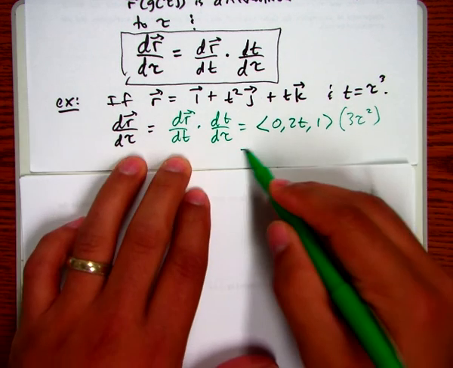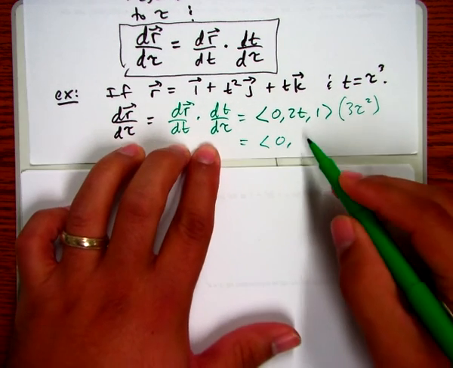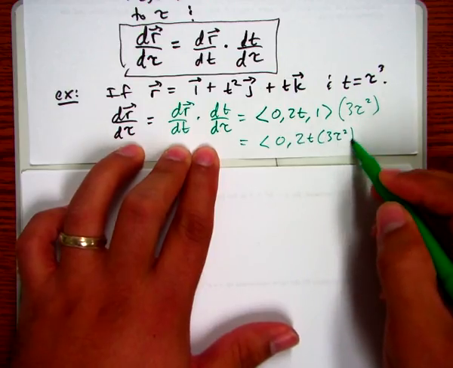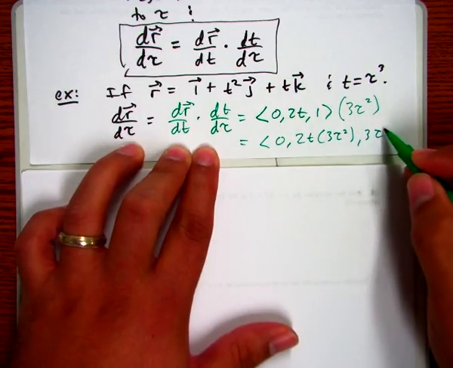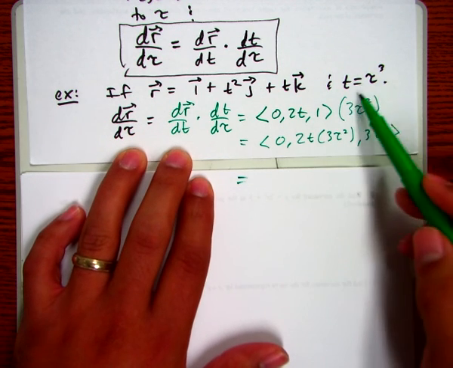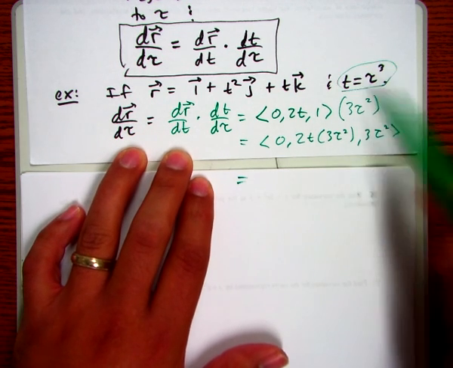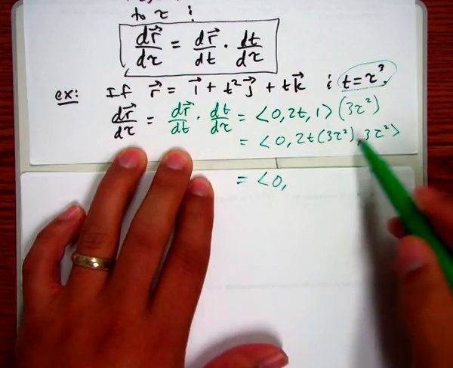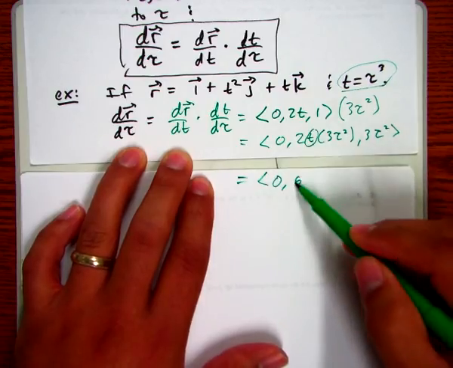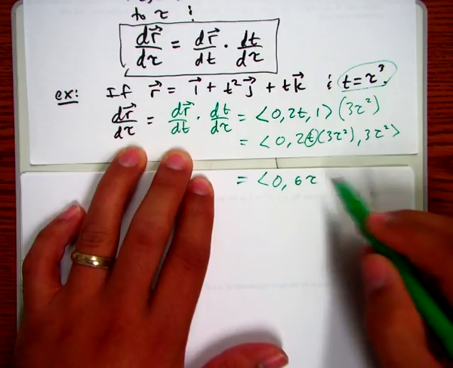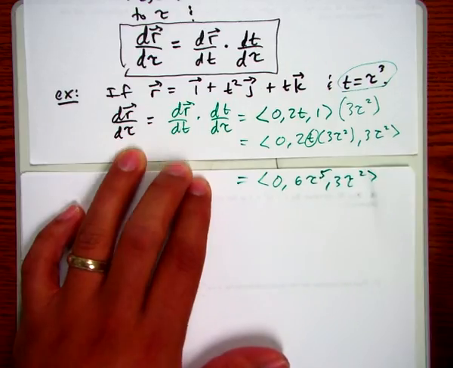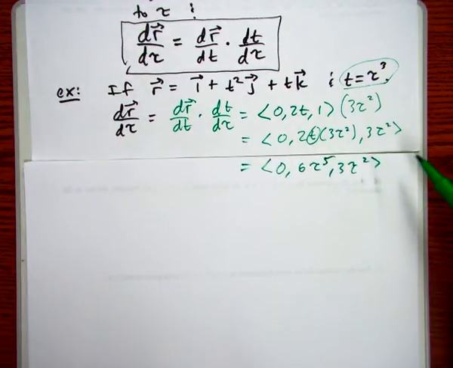So then we get 0, 2t times 3 tau squared, 3 tau squared. And the final step, since we know t is exactly tau cubed, you can replace t with tau cubed, so it'll be 2 times 3, which is 6, and then tau to the 5th power, and then 3 tau squared is already good. Okay, so that would be using the chain rule.